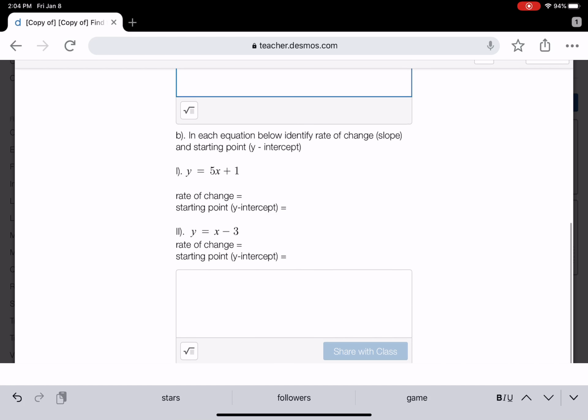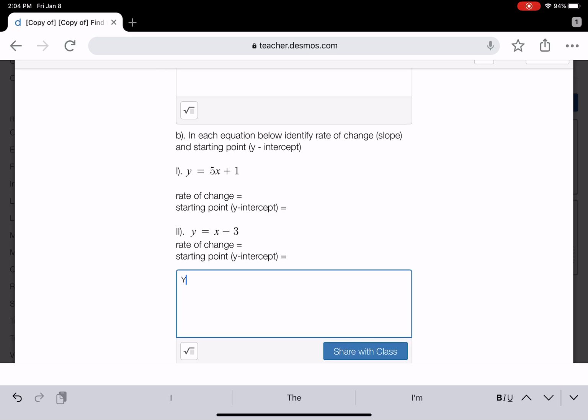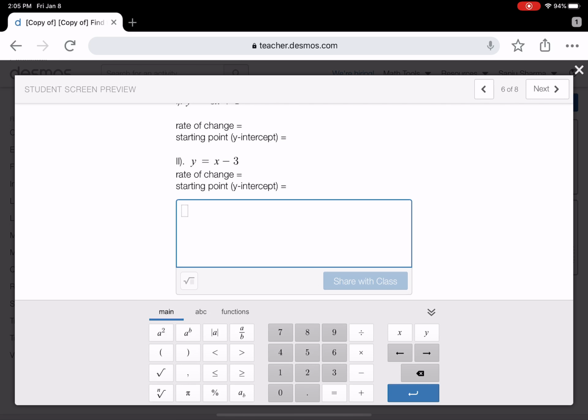Now, in each equation below, identify the rate of change, the slope, and the starting point, the y-intercept. You're given the equation in slope-intercept form, y equals mx plus b.